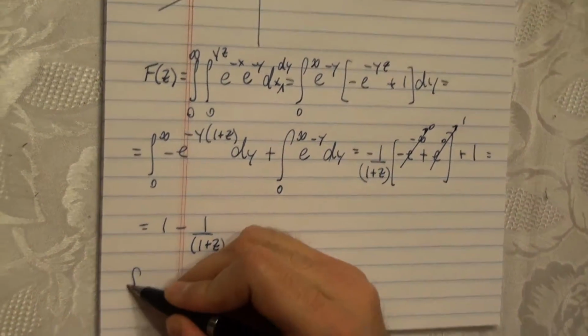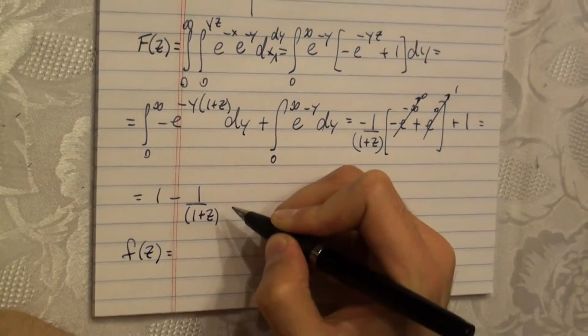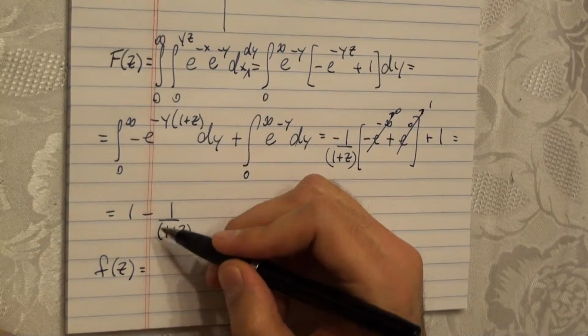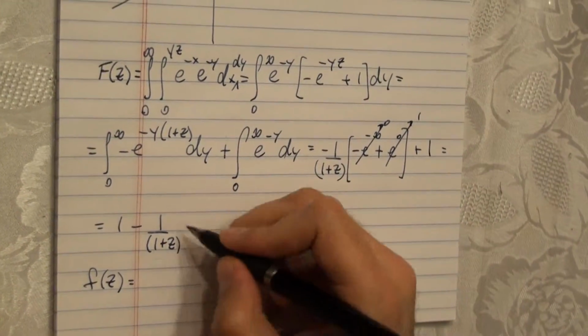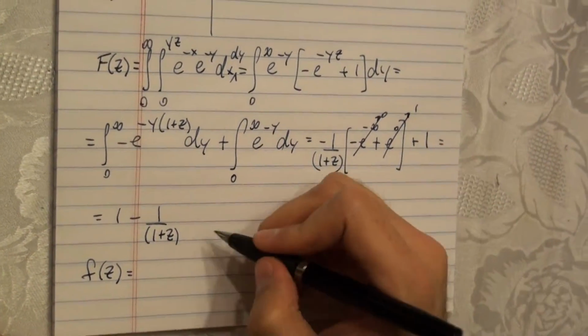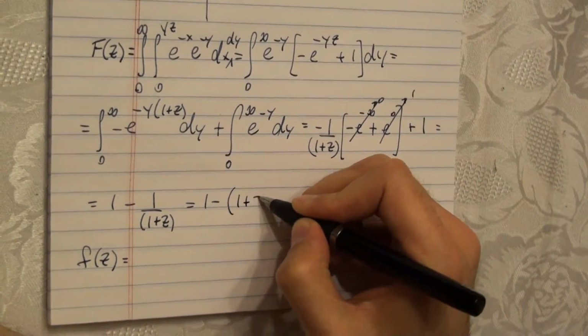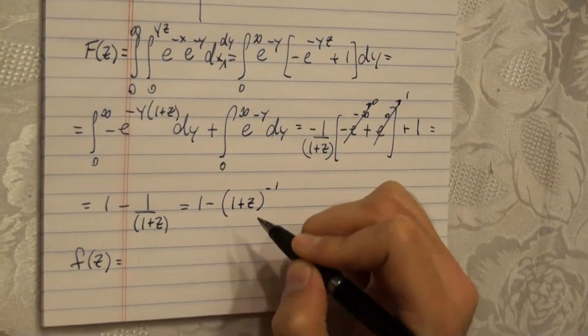Okay, so little f of z is the derivative with respect to z of this guy. The only place that has z here is this, so we want to take the derivative of this. What's the derivative of that? Well, this can also be written as 1 minus (1 plus z) to the minus 1.